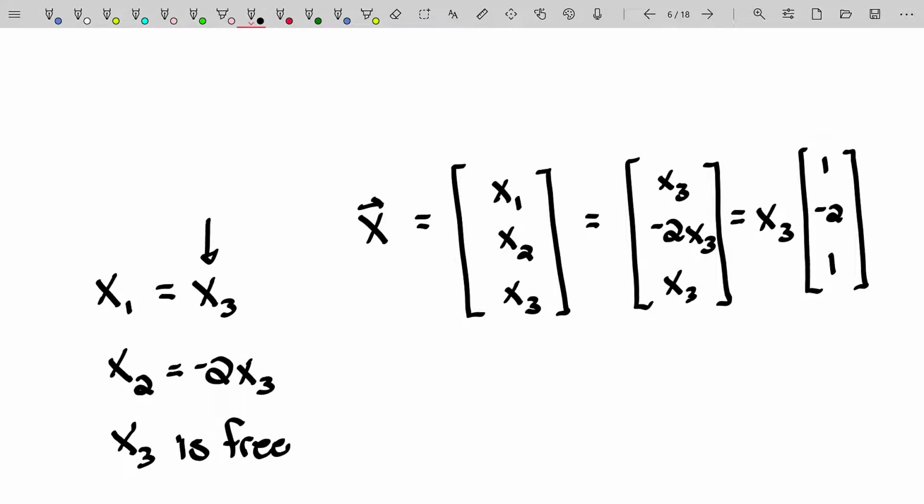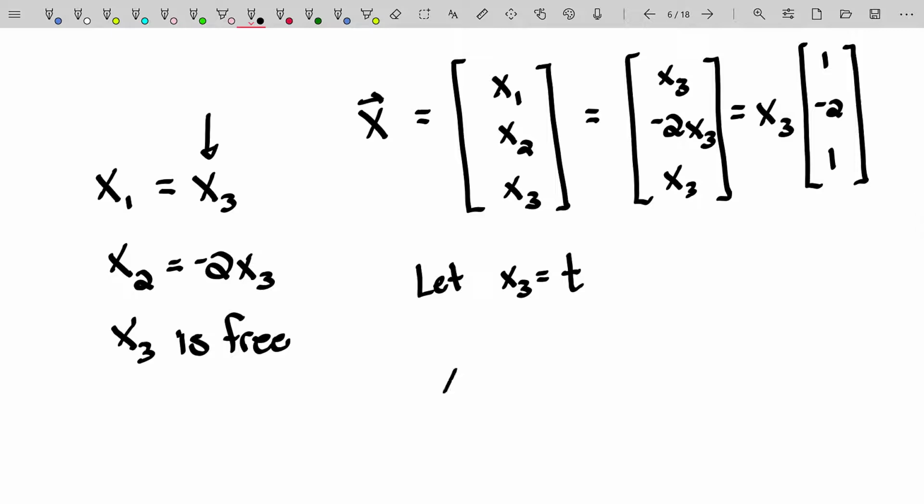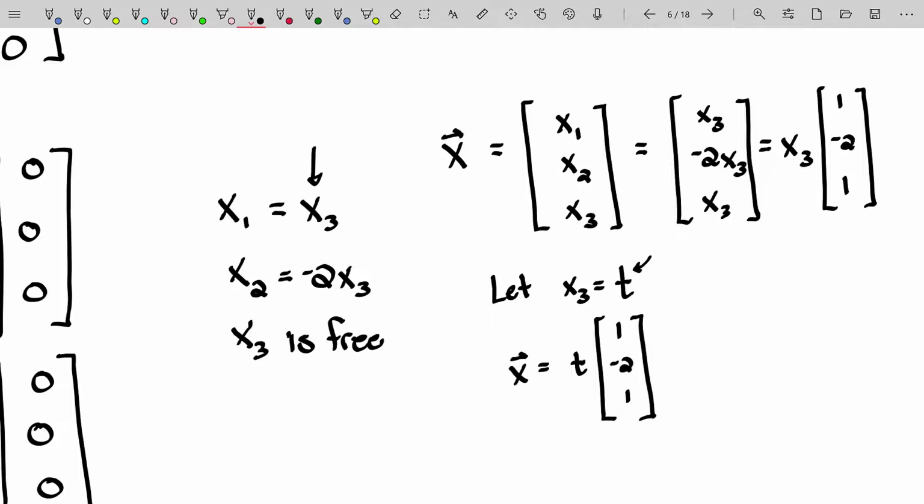X sub 3 was part of the original unknown. So we generally parameterize that and say, well, let x sub 3 equal, let's say t. If you did that, your solution would be the vector x is t times the vector 1, negative 2, 1. It's called a parametrized solution. And again, there'll be a video in the future on that.